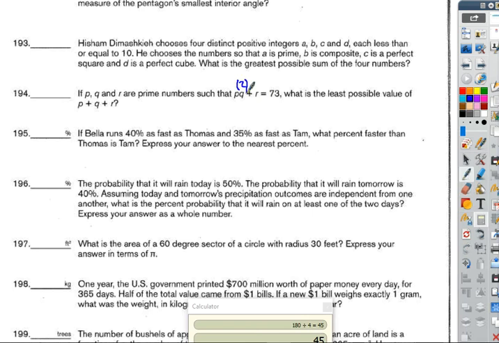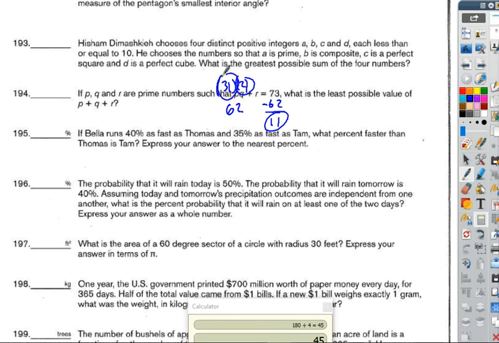What's my largest prime number that I can multiply by 2 and still be less than 71? Let's see, 31? Yeah, 31 is the largest one. So it's 31. 31 times 2 is 62. 73 minus 62 is 11. So we know the numbers are these numbers right here, which equals 44.